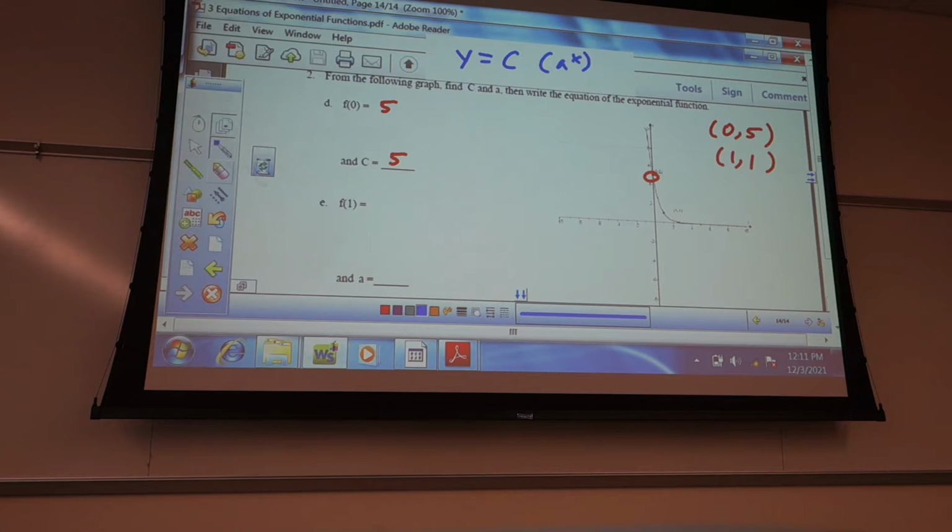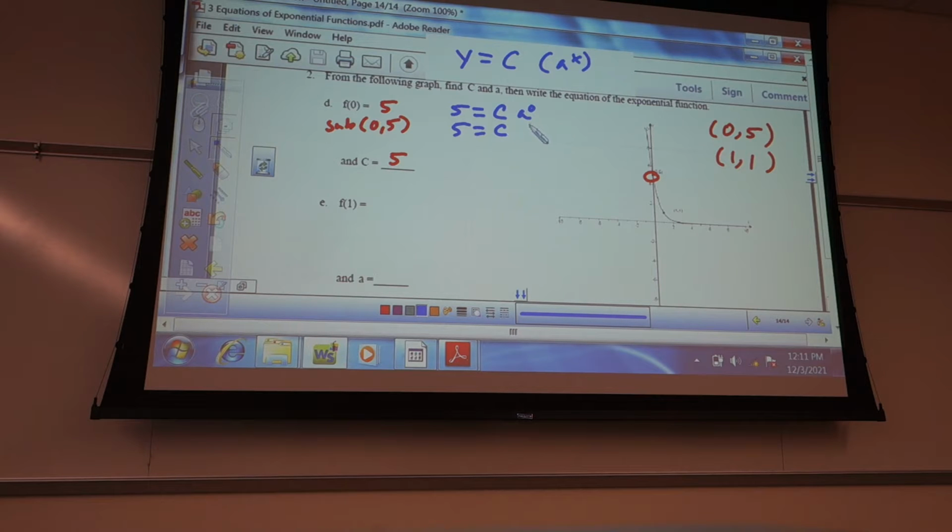I'm going to substitute in 0, comma 5, and I will get 5 equals c times a to the 0. But we know a to the 0 is always just 1. So that means that 5 equals c times 1, which is just c.